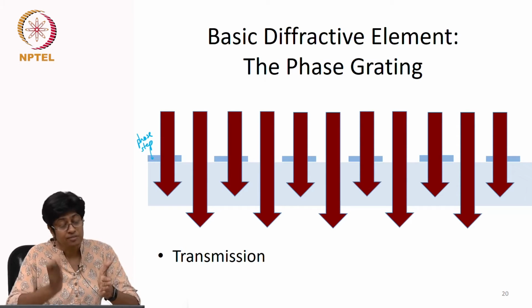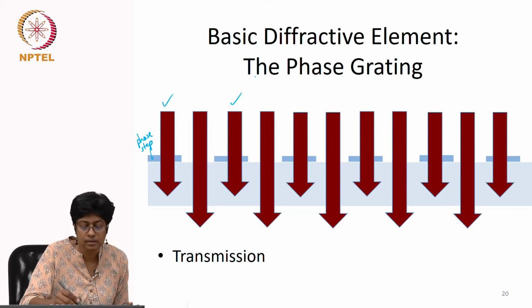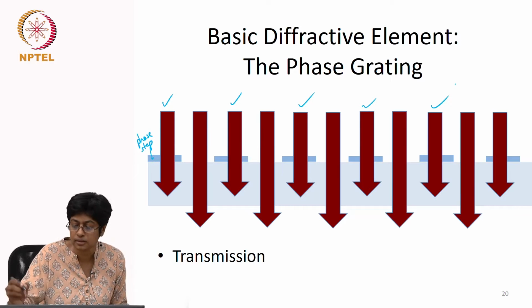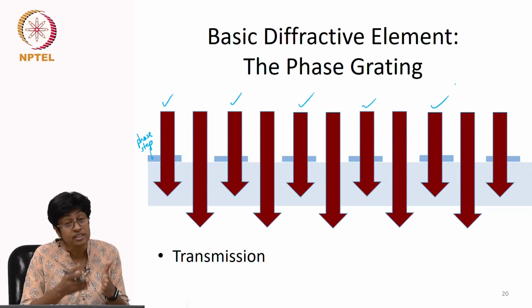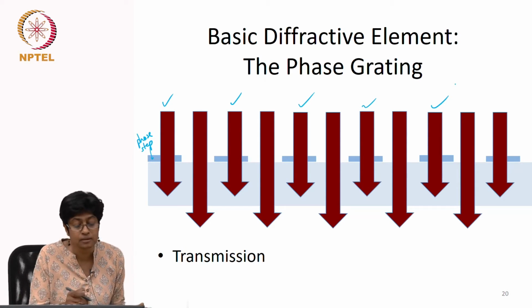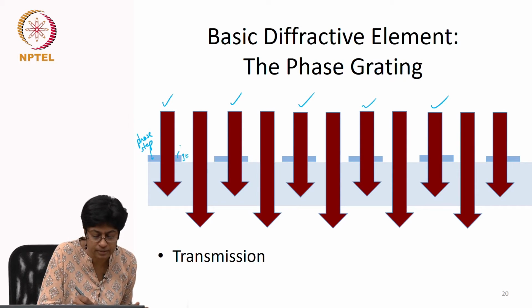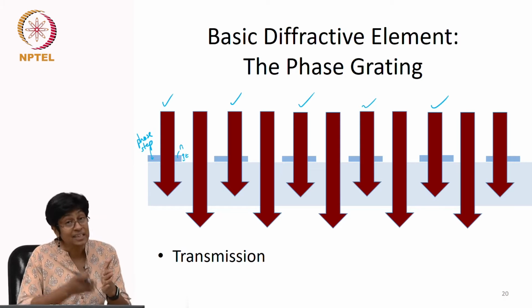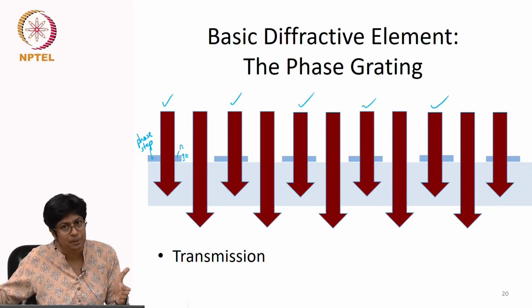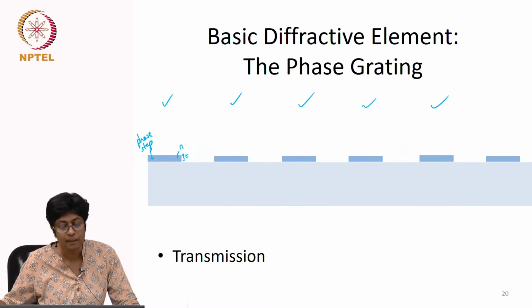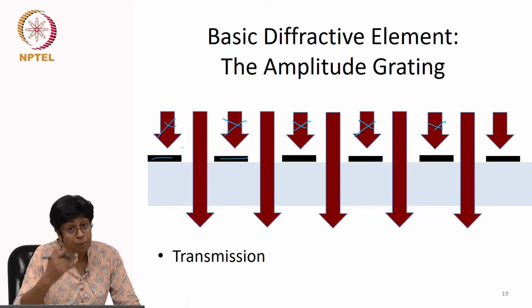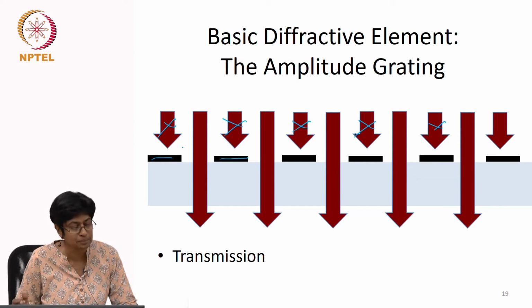So these beams are traveling a different optical path length because of this thickness and this refractive index. And that is what causes the multiple beams to form, unlike the amplitude case where a blockage is what caused the multiple beams to form.